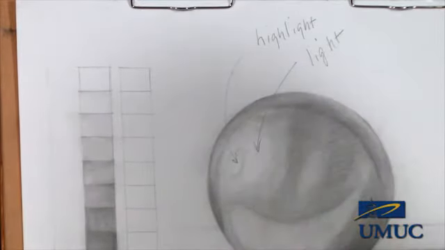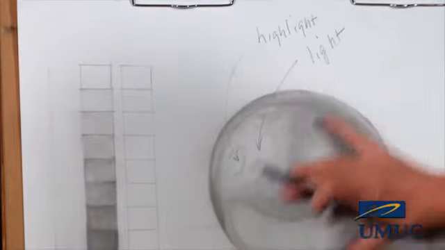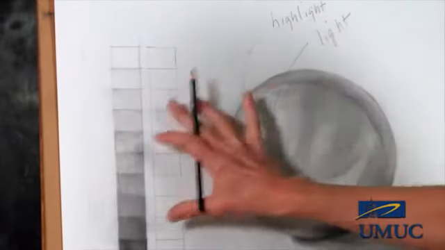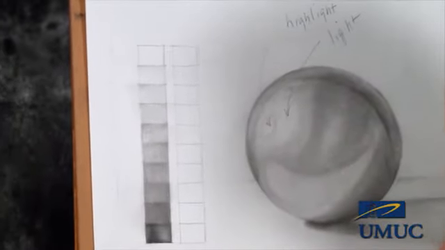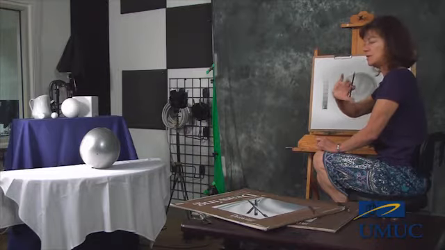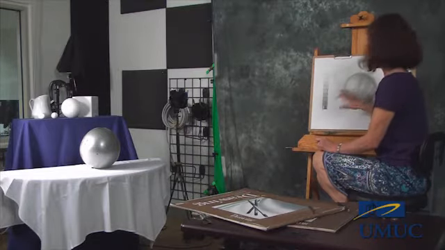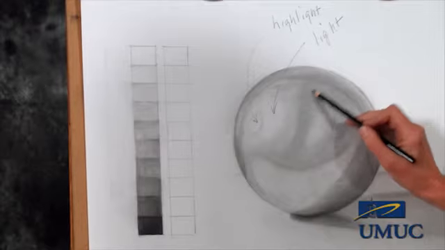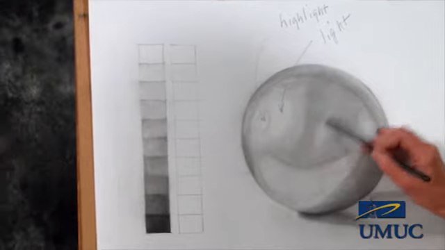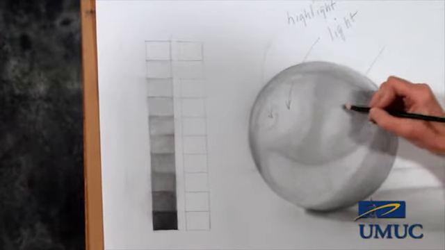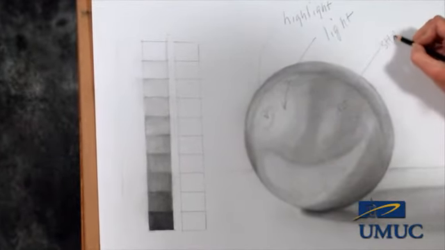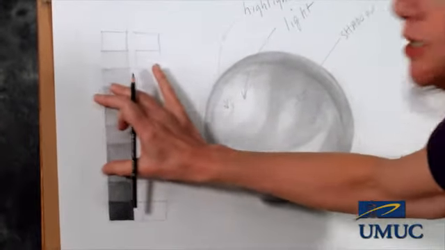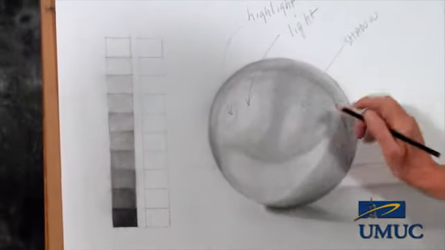Then we have shadow. As the light goes around the sphere, the edge of the sphere is moving away from the light, thus becoming darker. And we'll have an area we call shadow. And that will come from our mid-range on our value scale.